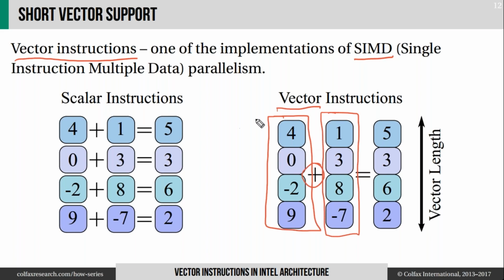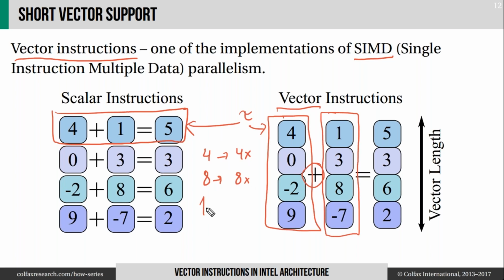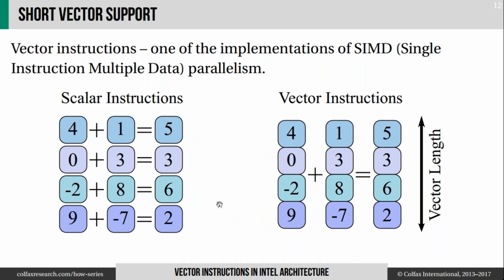The idea being that the latency and the throughput of this operation is the same as the latency and throughput of the corresponding scalar instruction. So if your vector width is 4, the potential speedup of your mathematics is 4x. If your vector width is 8, the potential speedup is 8x. If your vector width is 16, 16x, and so on. What exactly the vector width is depends on the architecture with which you're working and on your data type.